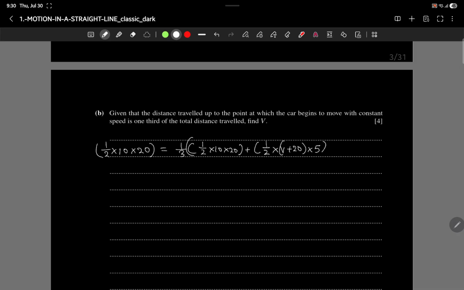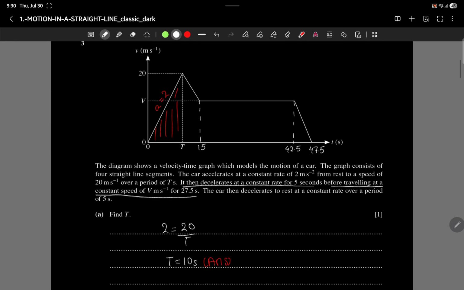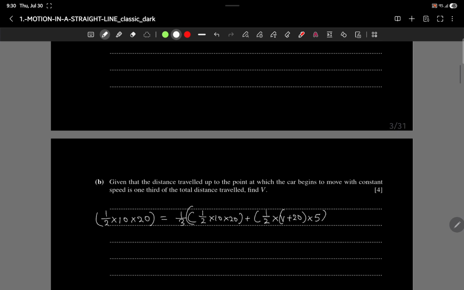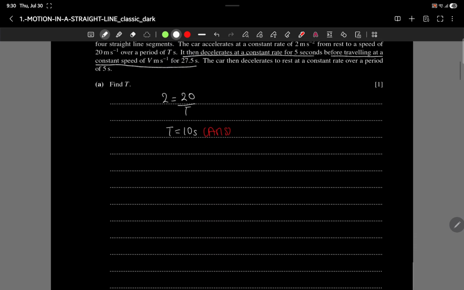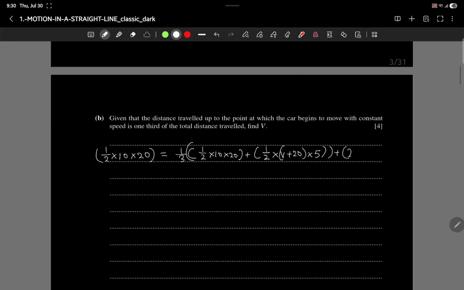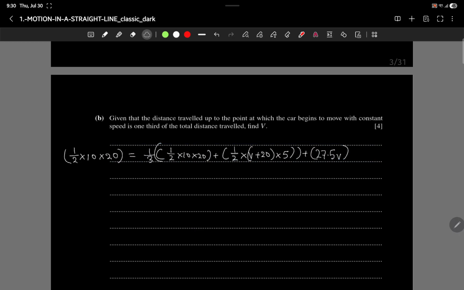The height is 5. Right. Now for the rectangle, which is going to be 27.5 v. Let's move this over. We're running out of space.